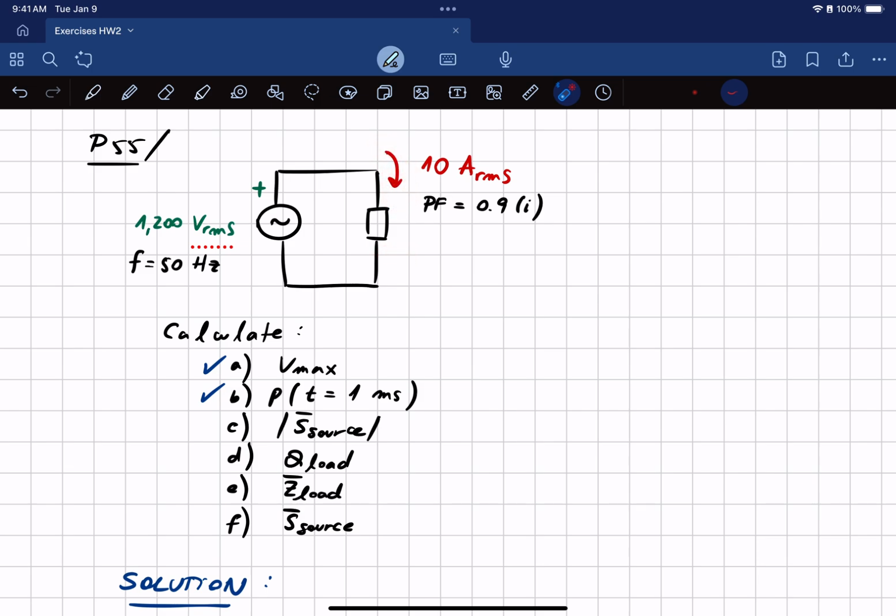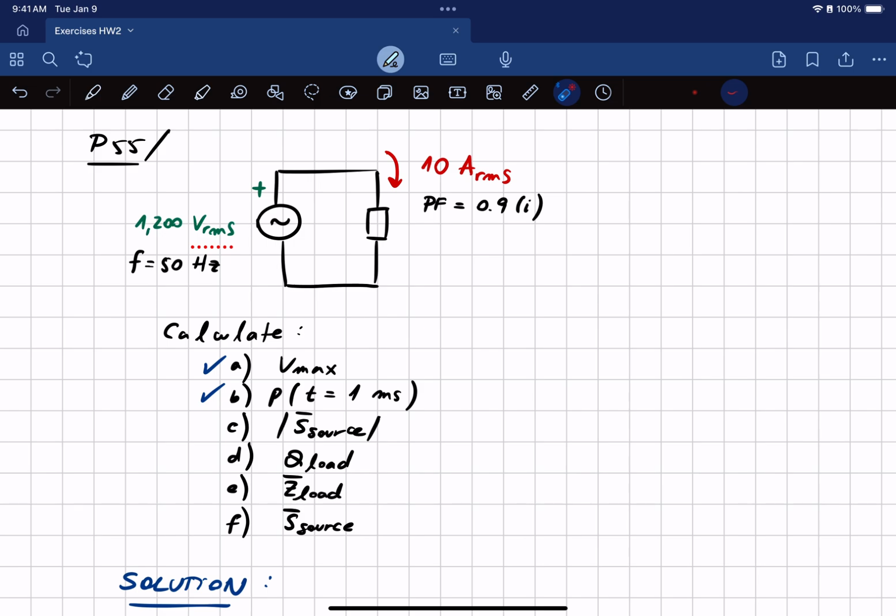This particular circuit is simple enough such that the voltage at the source and the voltage at the load are the same, and the current given by the source and the current driven by the load are the same. That's not the general case, right? So my recommendation whenever you're facing power calculations is to ask: what is the element that I want to calculate the power on?